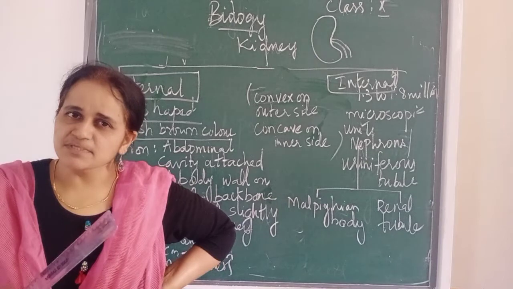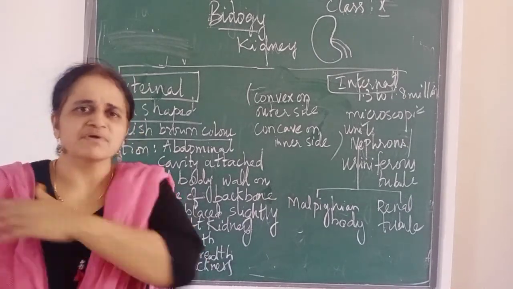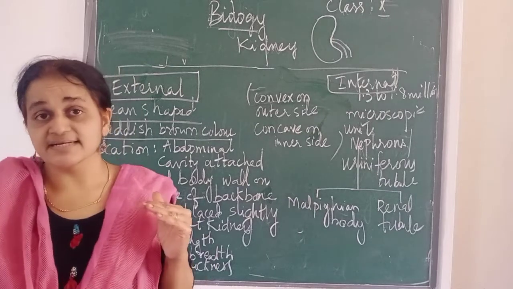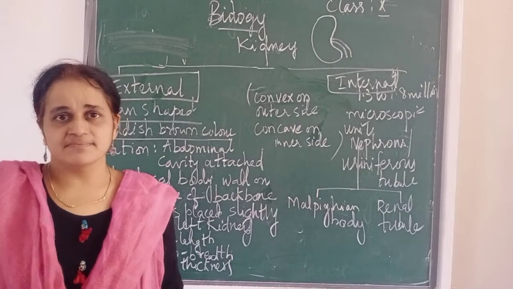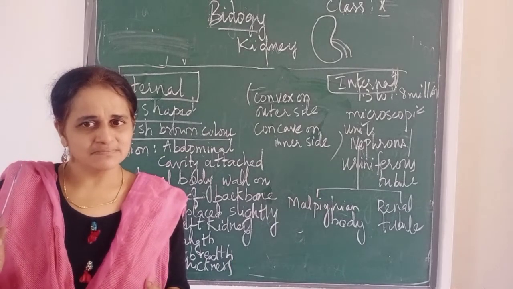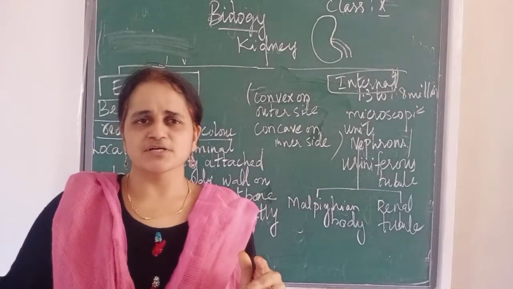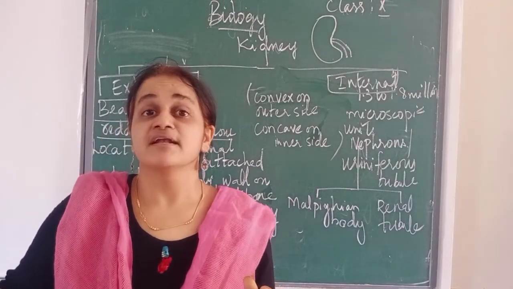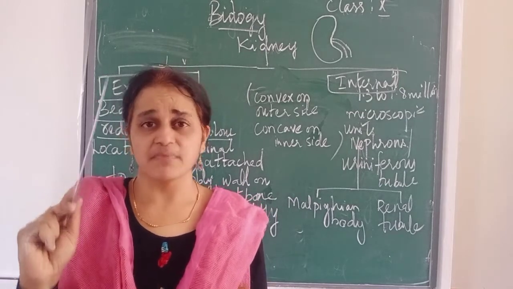Now when I say something, there may be some reason behind that. So just guess what may be the reason why the right side kidney is a little lower than the left kidney. Any guesses? Because of the very proximal location of our liver. You remember liver, isn't it? Liver secretes bile.